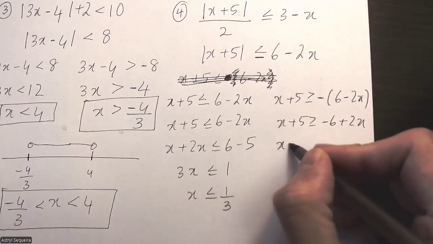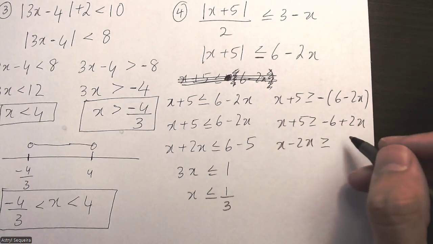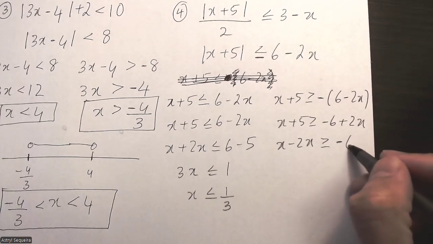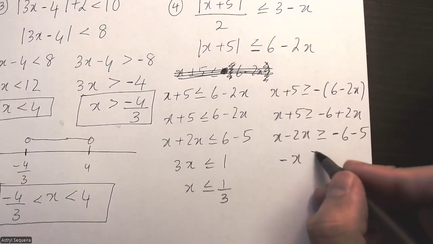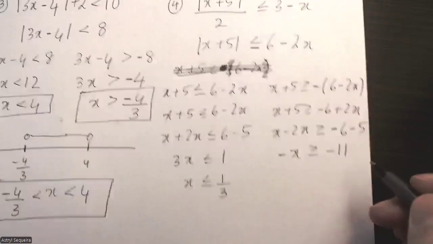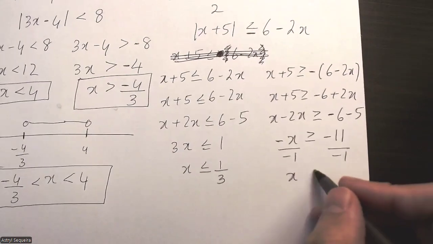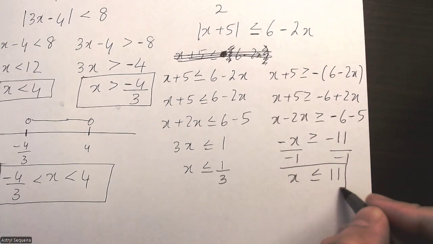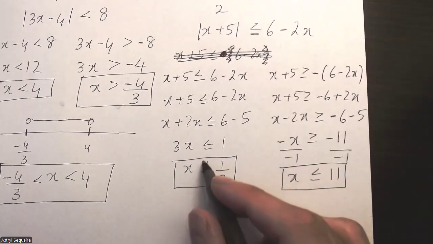Over here, dividing by a negative number, we flip the sign. So in this case, we have x is less than or equal to for both of them.